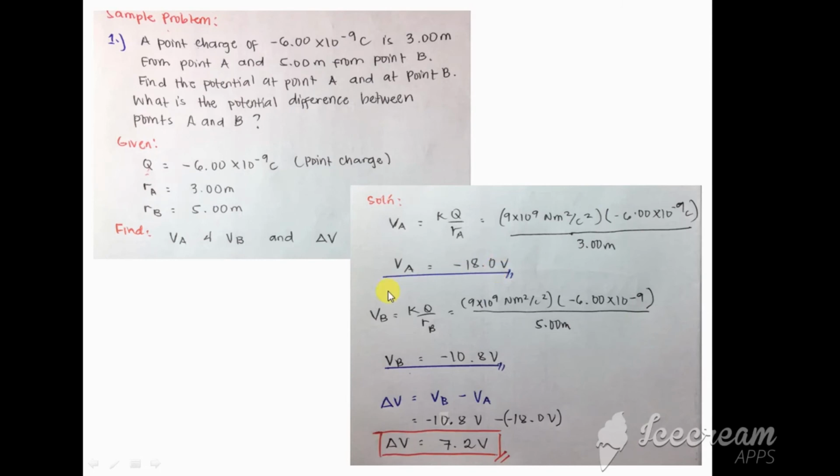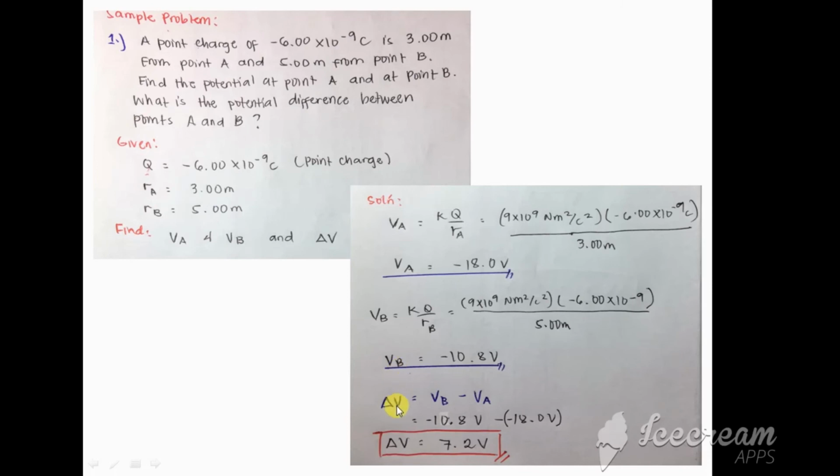Now for point B, using the same formula, apply the Coulomb constant times the point charge over the distance for point B, giving us the value of -10.8 volts.